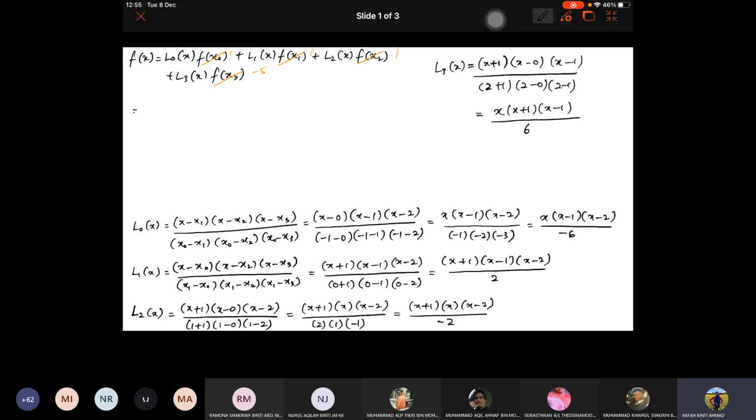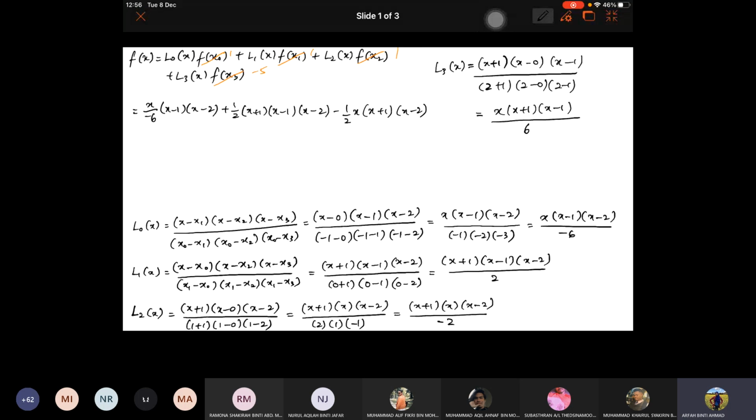So dia agak a bit panjang. This one 1 darab all everything is there. Dia jadi x per negatif 6, x tolak 1, x tolak 2. Okay. L1 pula tambah 1 per 2, x tambah 1, x tolak 1, x tolak 2. Minus 1 per 2, x darab dengan x tambah 1, x tolak 2.